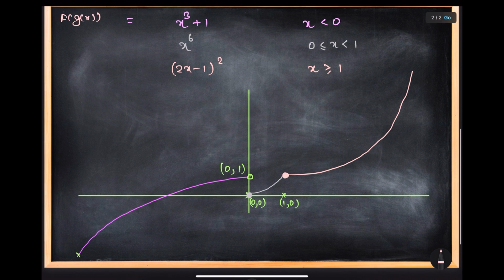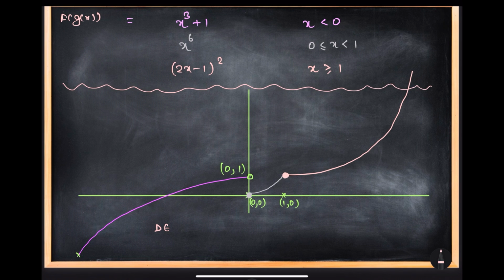Now focus on domain. So domain means what? Projection of the graph on the x-axis. So projection of the graph on the x-axis means you have to take a shadow on the x-axis. So the moment you switch on the light from this side, this part will become dark, and the dark part represents the domain.